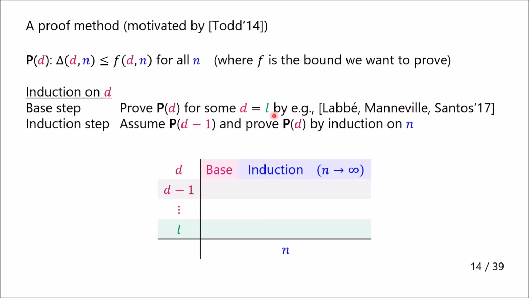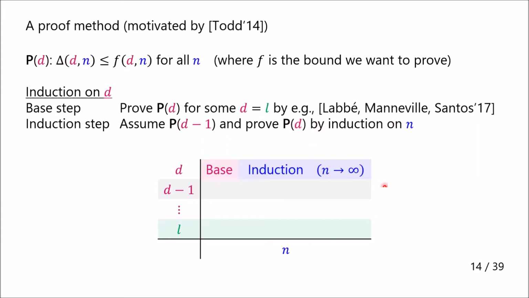Anyway, we can prove this base step. Okay, but the inductive step is to show P of d by assuming that P of d minus 1 is true, when d is greater than or equal to L. And this is done by induction on n.